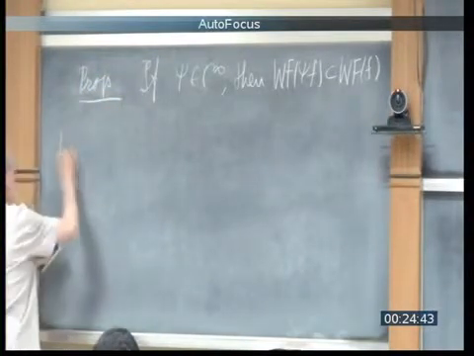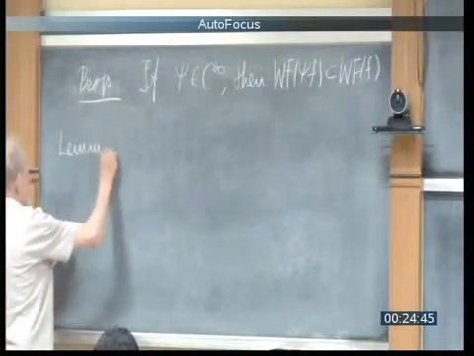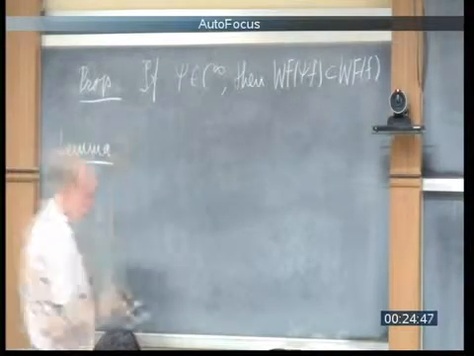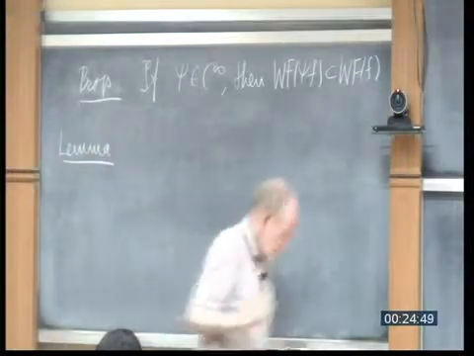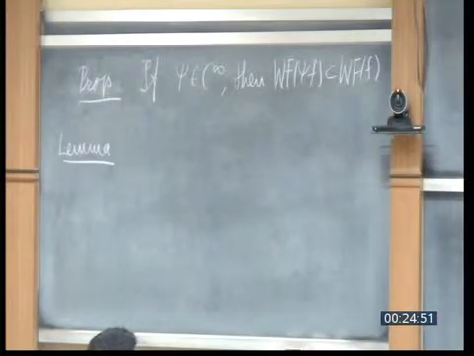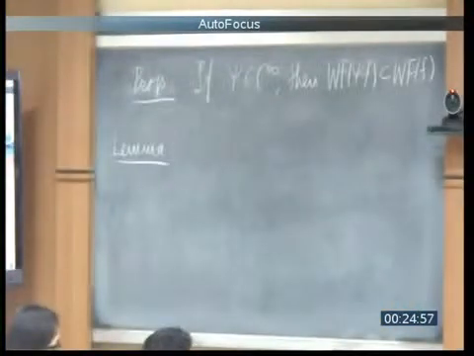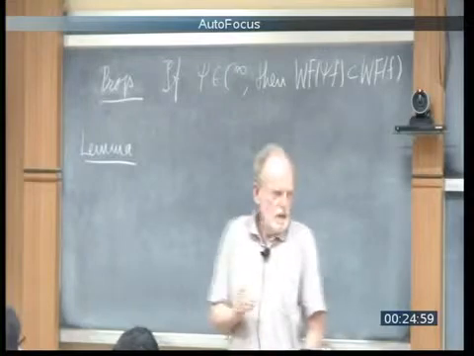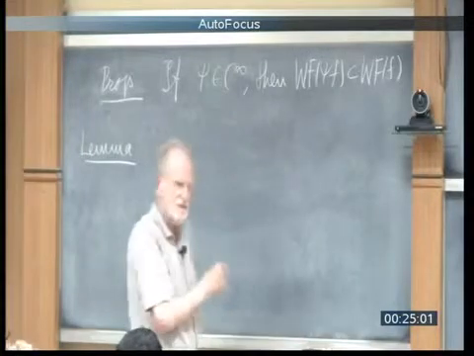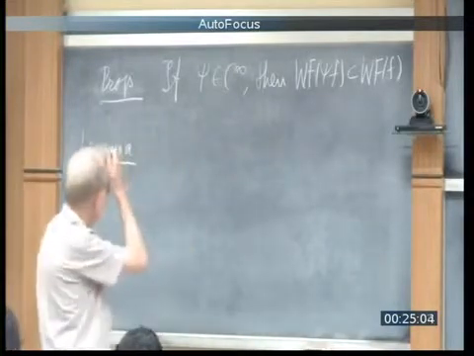Now comes the main step in the proof of this, which is a lemma. And I want to show you this lemma in detail because many proofs later on in the theory contain variations of the same argument.